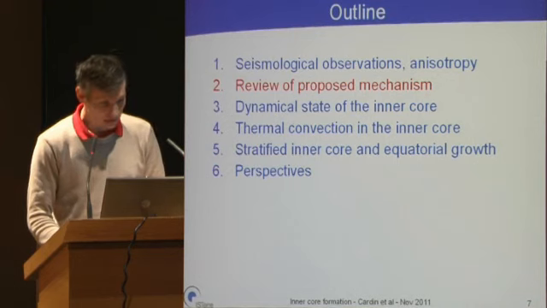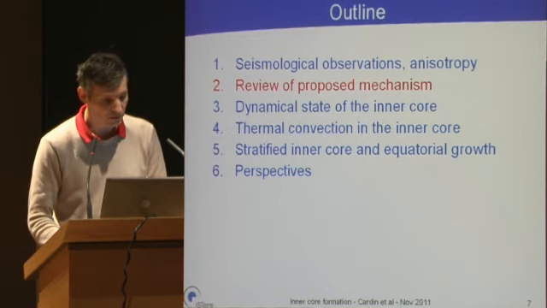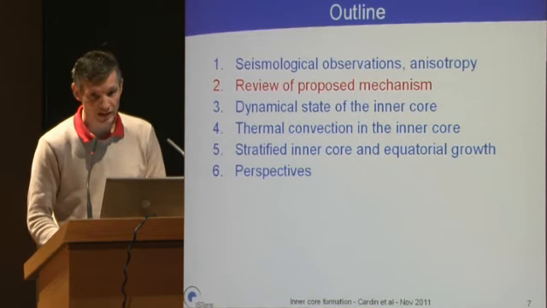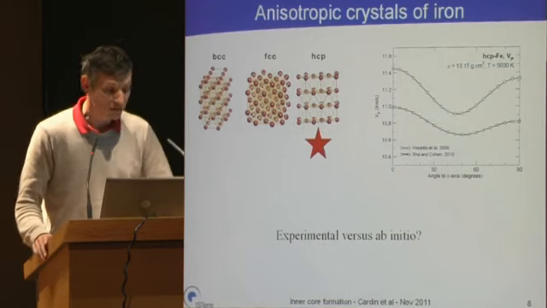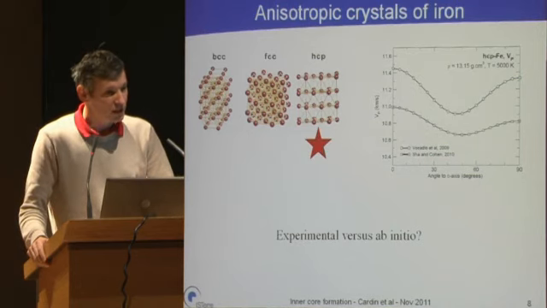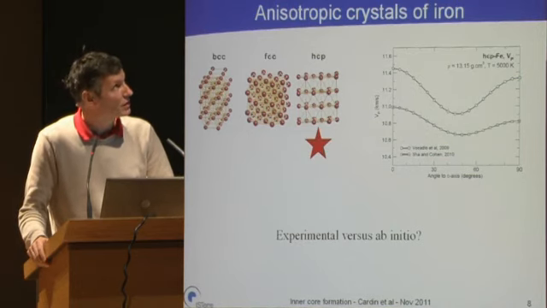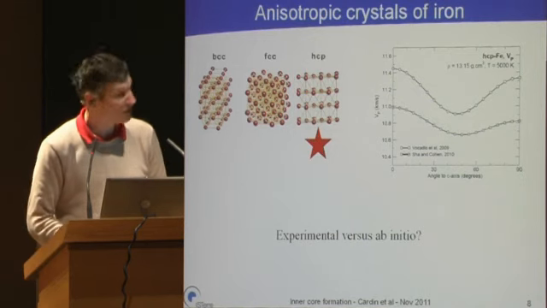So now I'd like to review very rapidly different mechanisms which have been proposed to explain anisotropy in the core. The first one, which has been described already, is to rely on the anisotropy which is present in the crystals, the monocrystals.